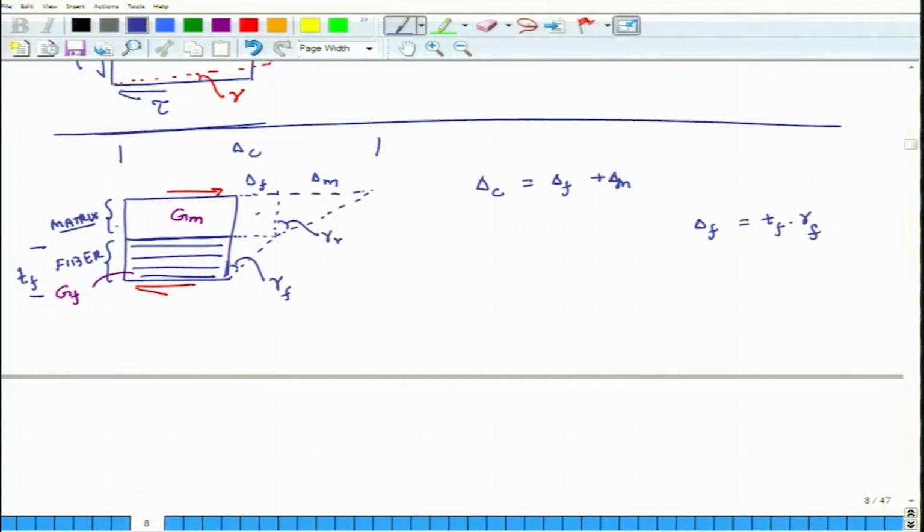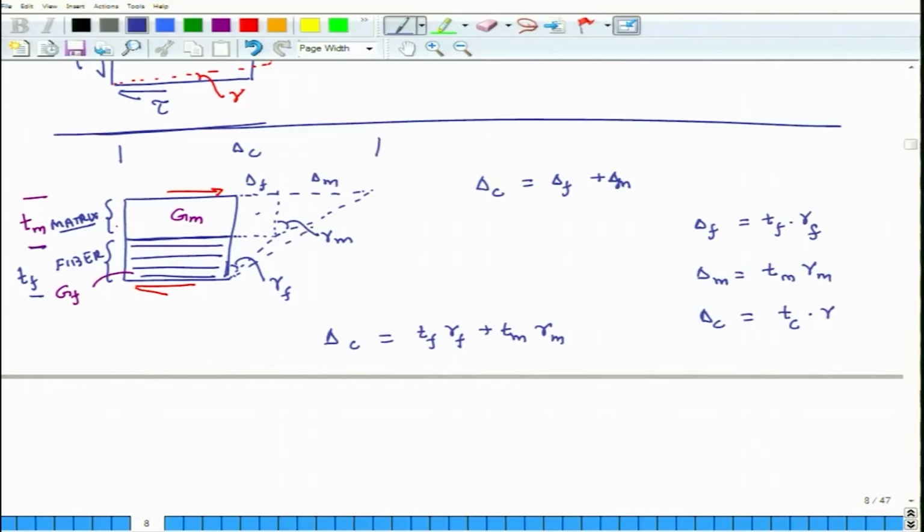Similarly, if this angle is gamma M and this distance is Tm, which is the thickness of the matrix block, then delta M equals Tm gamma M. So, delta C equals Tf gamma F plus Tm gamma M, and I can also say that delta C is the total thickness of the composite Tc, which is Tf plus Tm, times the total change in angle.